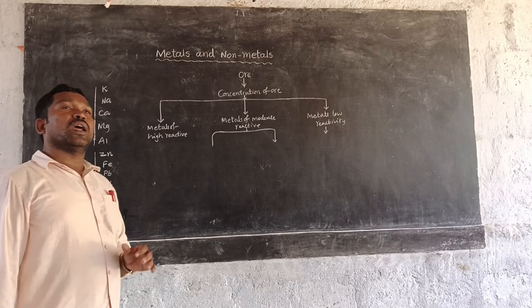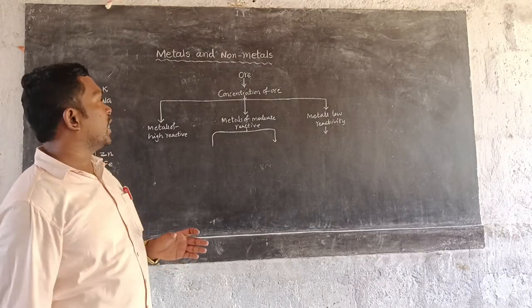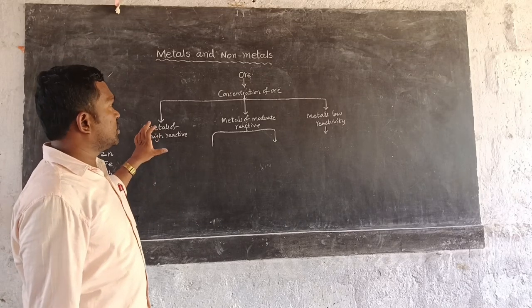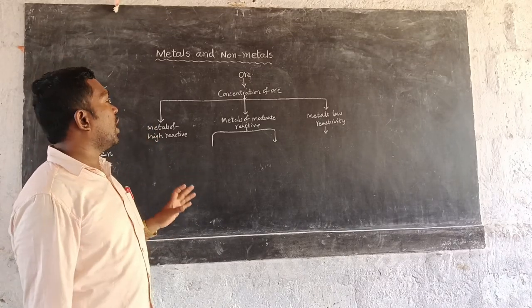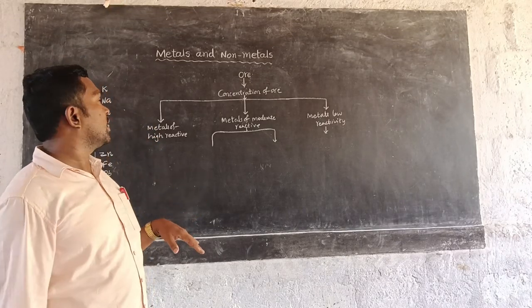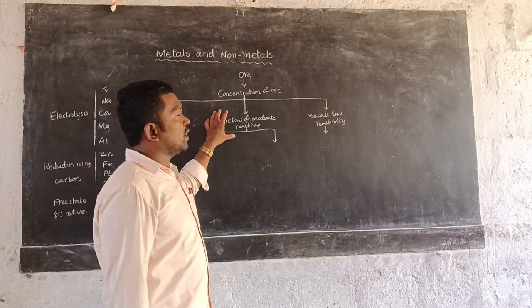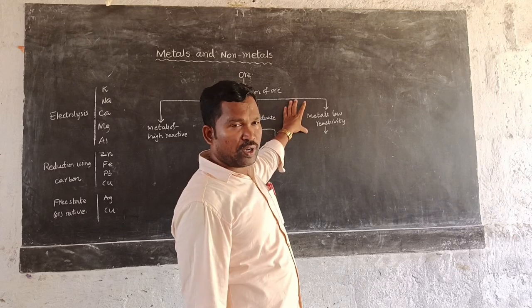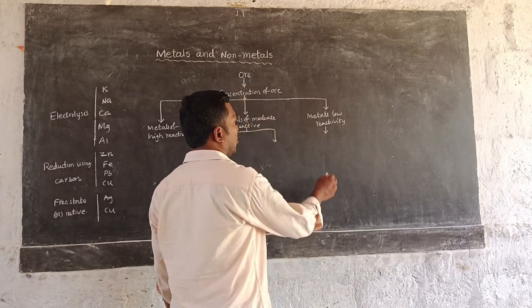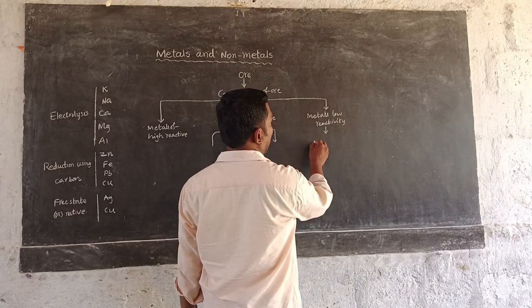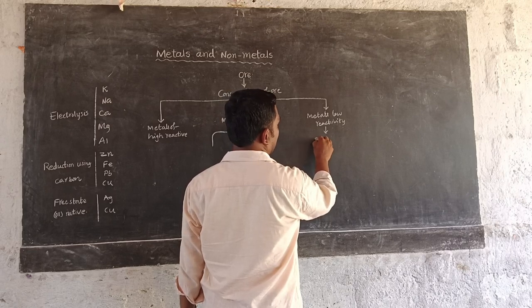Next, we classify metals into three categories. First, concentration of the ore. After that, the metals are classified into three types: high reactive, moderate reactive, low reactive. Metals of low reactivity are available in sulfide formation.